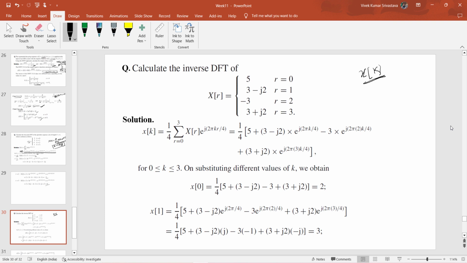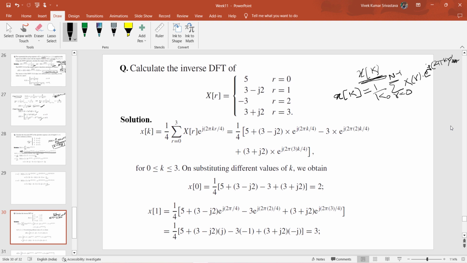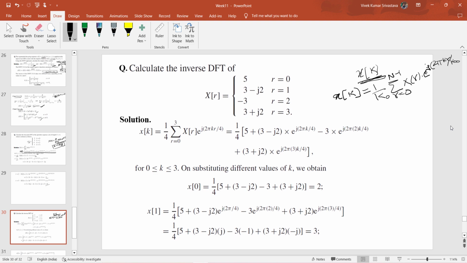First of all, to evaluate this x of k, we will use the synthesis equation of the discrete Fourier transform, which is defined as x of k equals 1 over N summation r equals 0 to N minus 1 x of r e raised to the power j 2 pi k r over 4, where N is 4.